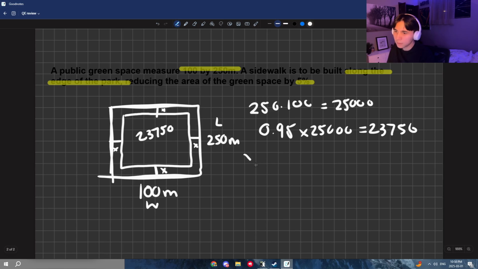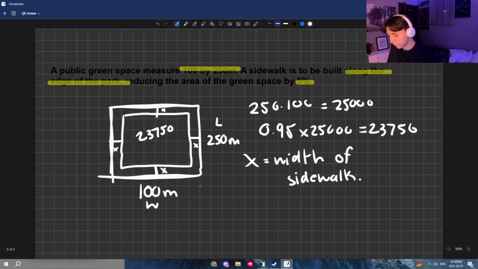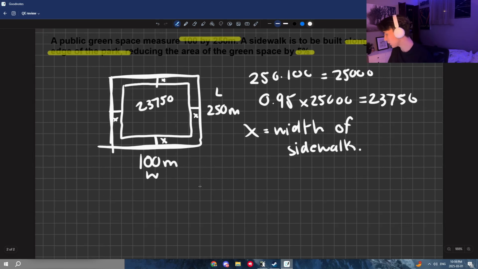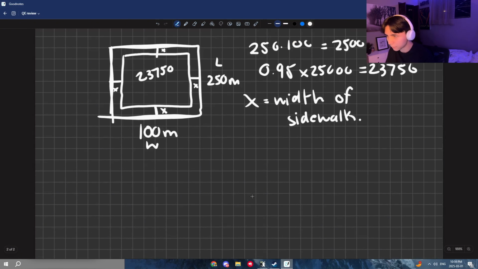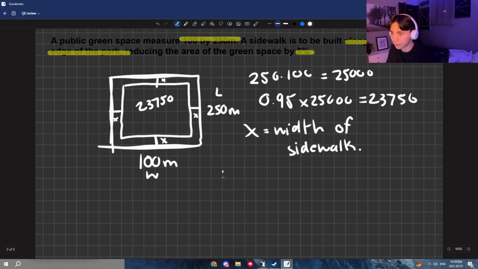And x is going to equal the width of the sidewalk. So basically what we're saying is that our original box minus the width of the sidewalk is going to give us our new area. So the way we model this is length times width is equal to our new area. So we have 23,750.